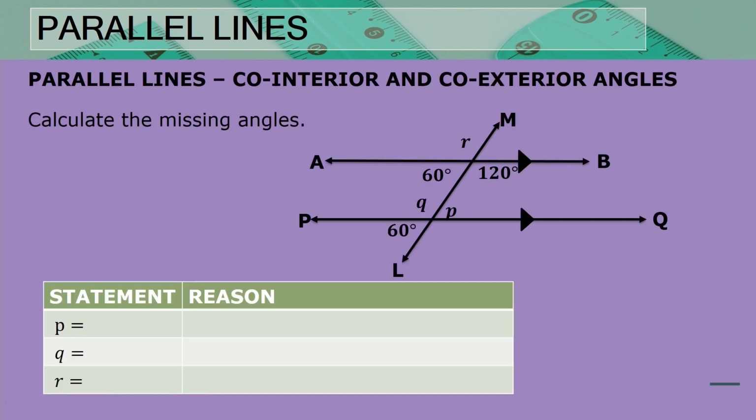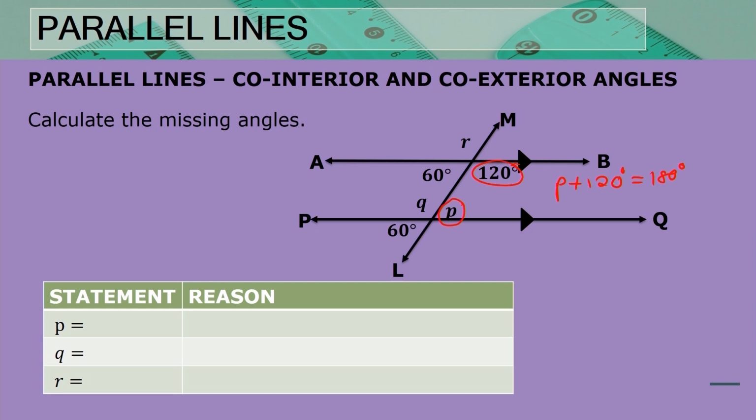Let's look at a practical example. Now we are looking at angle P, and as we can see there, angle P is co-interior with 120 degrees. What does this mean? It means that P plus 120 degrees will give us 180 degrees.